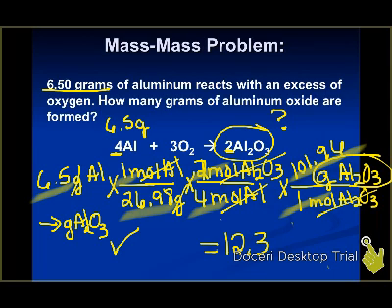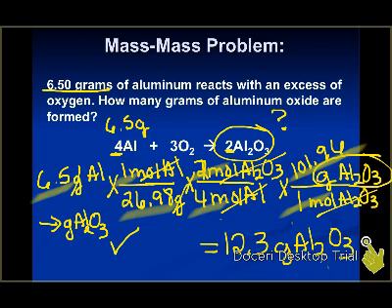Again, that's why I saved the math until the very end, so I don't have to keep writing down numbers over and over again. And now we should be ready to write our answer down. 12.3, now I need a unit. The only unit we're left with, which I circled, was grams of aluminum oxide.